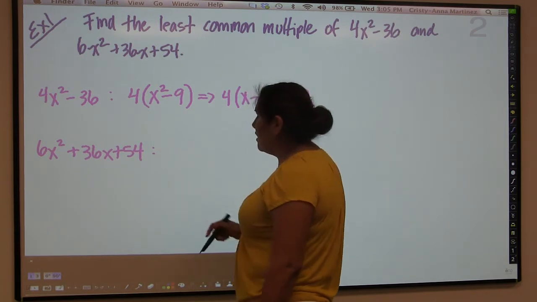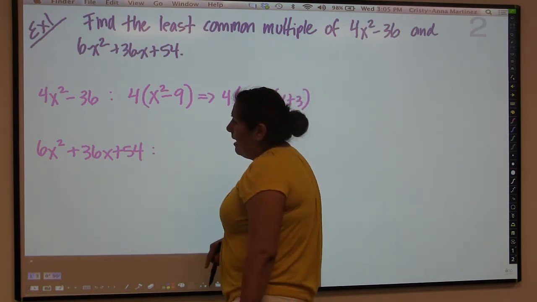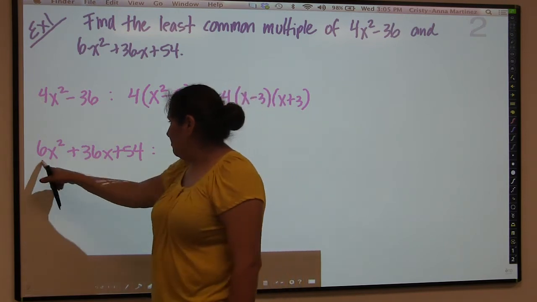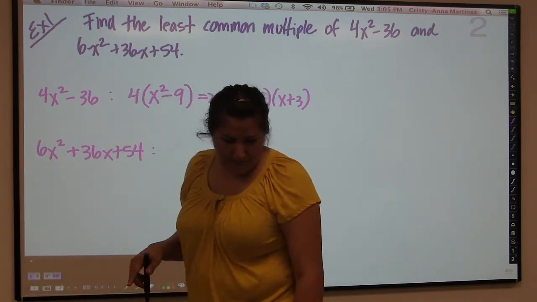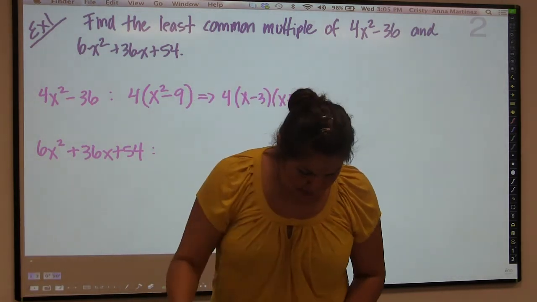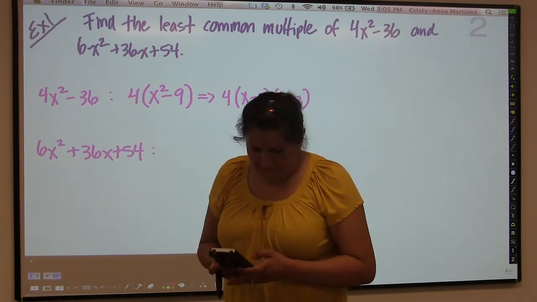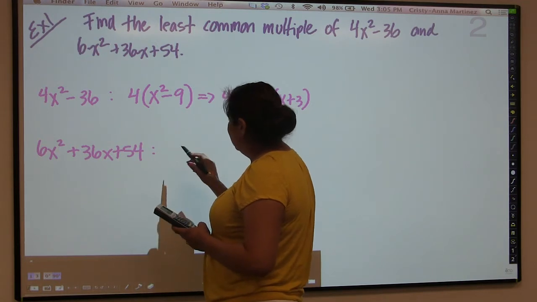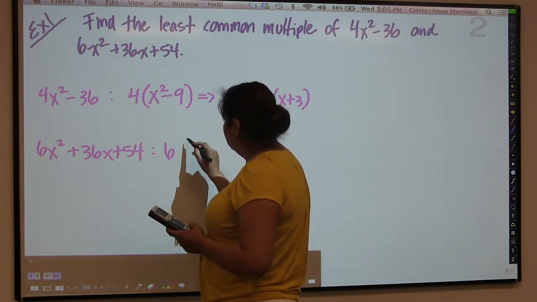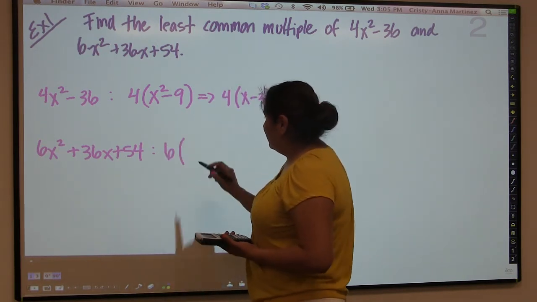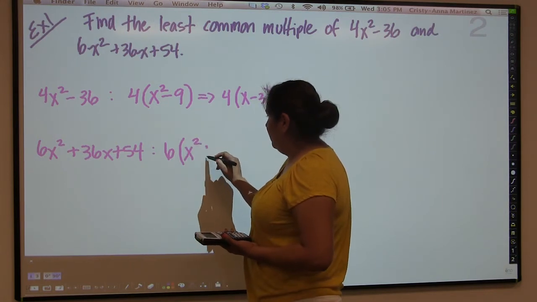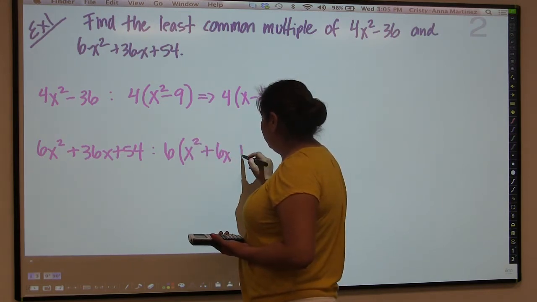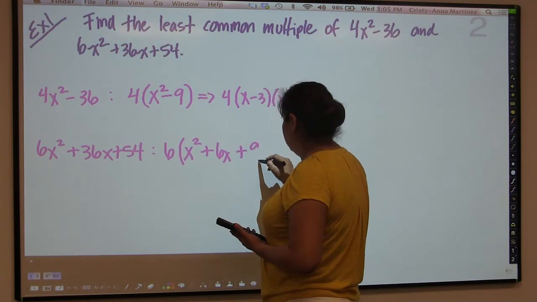Awesome. Now for the bottom, I'm pretty sure that they all are divisible by 3, or by 6 even. So I can take out a 6. And if I factor out a 6, I'll get x squared plus 6x plus 9.